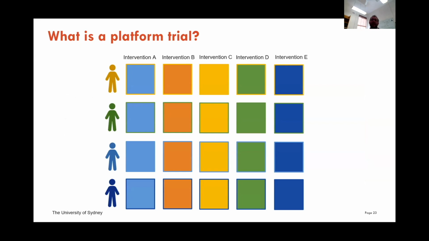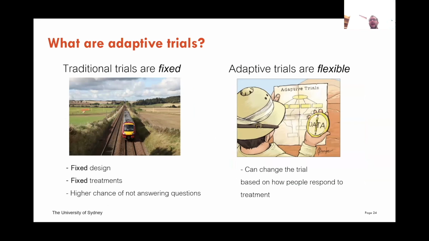And this is typically what we have. We don't have a single type of patient and a single intervention we want to evaluate. We've actually got multiple interventions and we've got multiple types of patients, and we're trying to look at the effectiveness of each intervention in each patient.